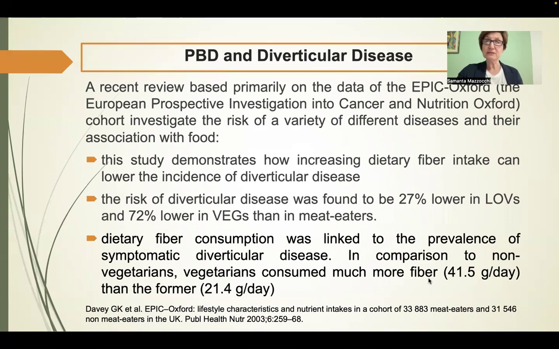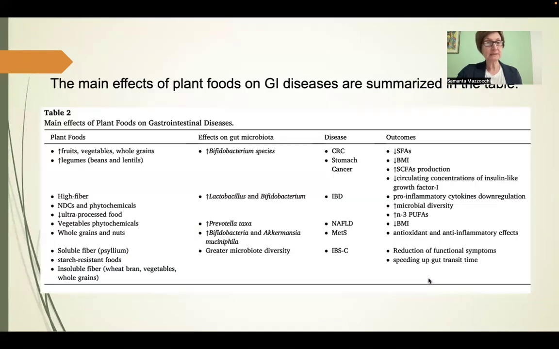The risk of diverticular disease was found to be 27% lower in lacto-vegetarians and 72% lower in vegans than in meat eaters. Dietary fiber consumption was linked to the prevalence of symptomatic diverticular disease. In comparison to non-vegetarians, vegetarians consumed much more fiber. The main effects of plant food on gastrointestinal disease are summarized in this table.